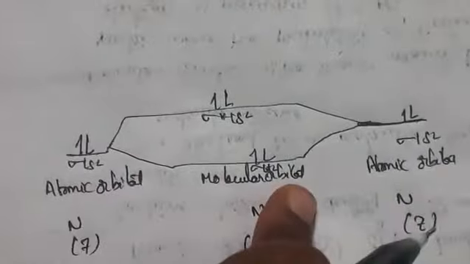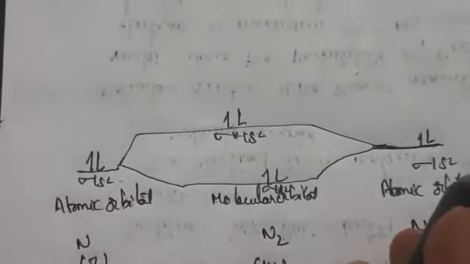This orbital comes here and that orbital comes here. The combination of atomic orbitals we call a molecular orbital. So this we have got.